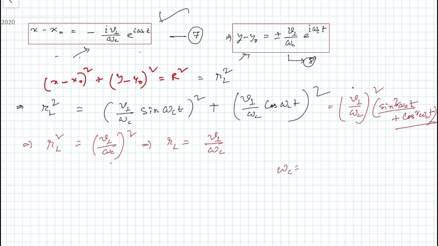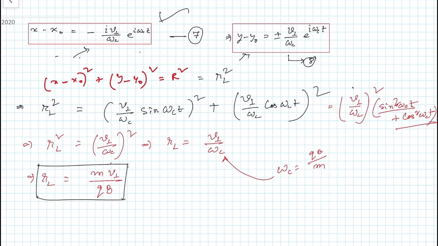We know omega c is equal to qB by m. If you put the value here, you will get r L equal to m v perpendicular by qB. This is the expression for r L, and this is known as the Larmor radius.